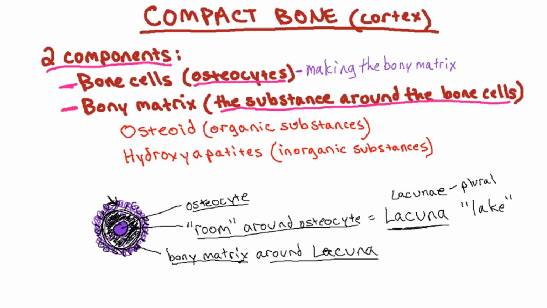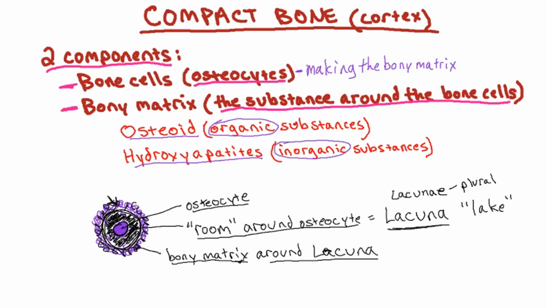Now as far as the bony matrix itself, it is made up of two components: the osteoid, which are the organic substances, and the hydroxyapatites, which are the inorganic substances.